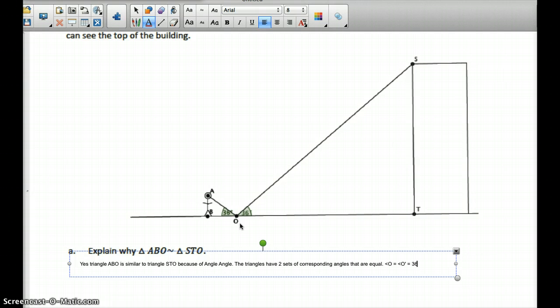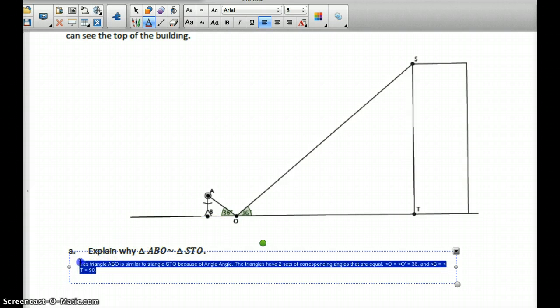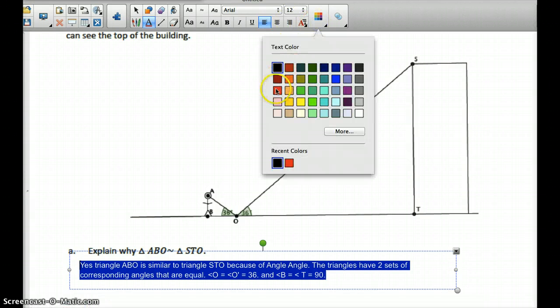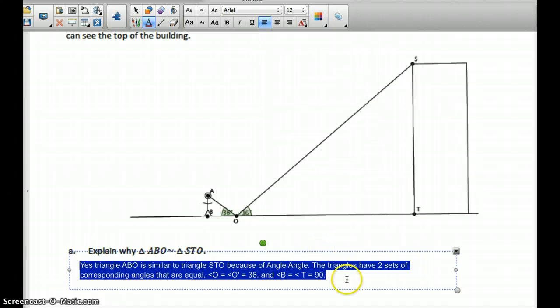Those equal 36 degrees. And angle B equals angle T, which equals 90 degrees. And I apologize for making this font so small, so we'll make it a little bigger there so you can see.